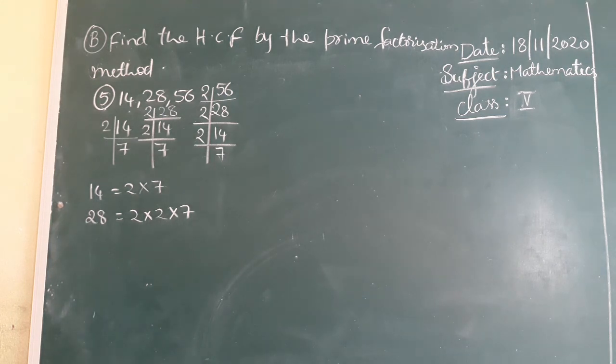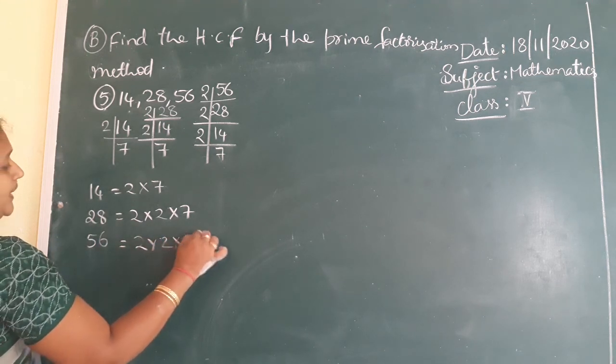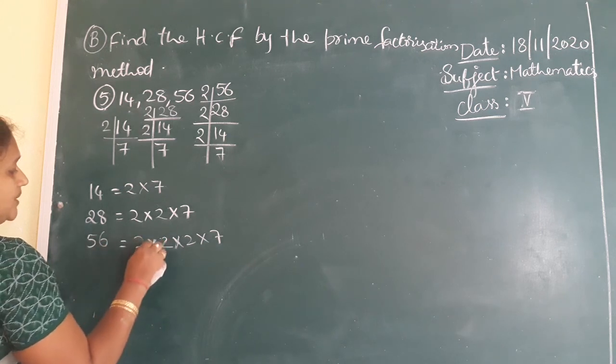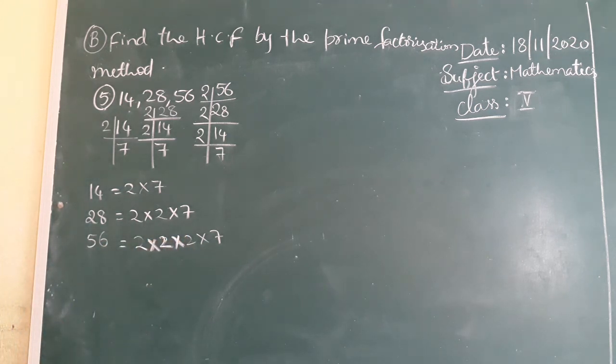So now write the factors of 56: 2 into 2 into 2 into 7.